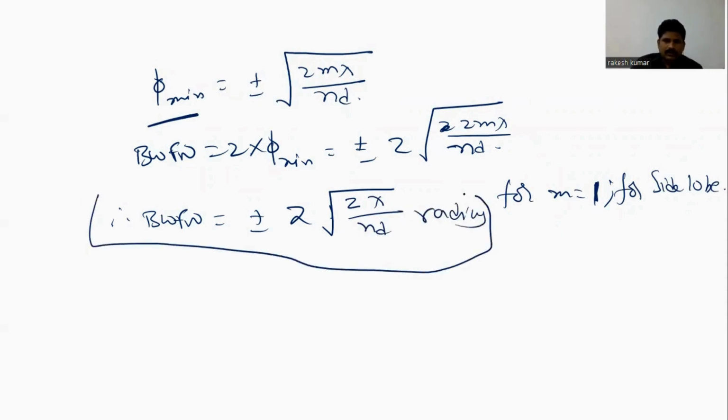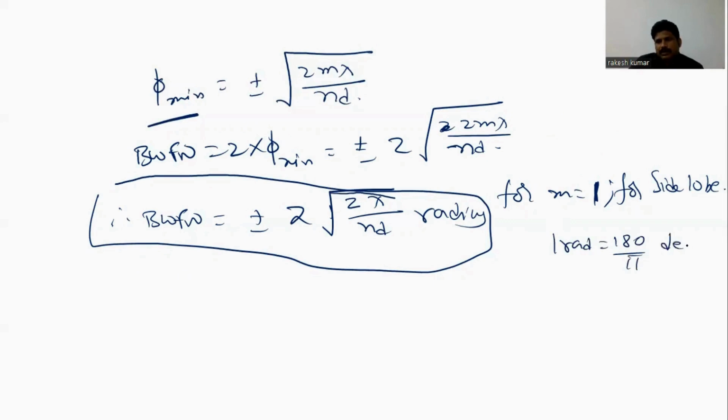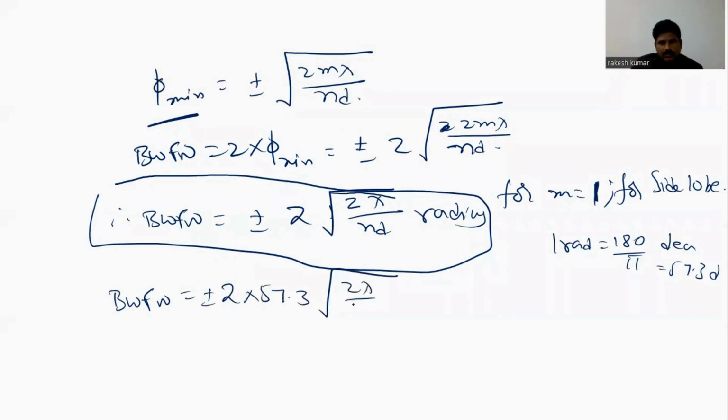So beam width between first nulls is equal to 2 into root of 2 lambda by nd. If I express in degrees, 1 radian is equal to 180 by pi degrees, that is 57.3 degrees. So simply multiply with 57.3: beam width between first nulls is equal to 2 into plus or minus 57.3 into root of 2 lambda by nd degrees.